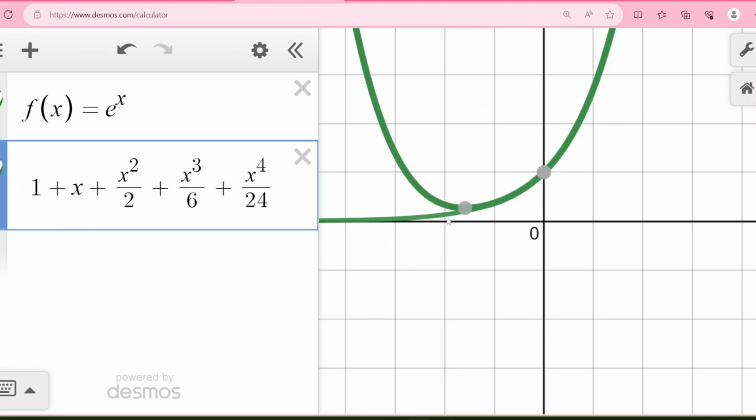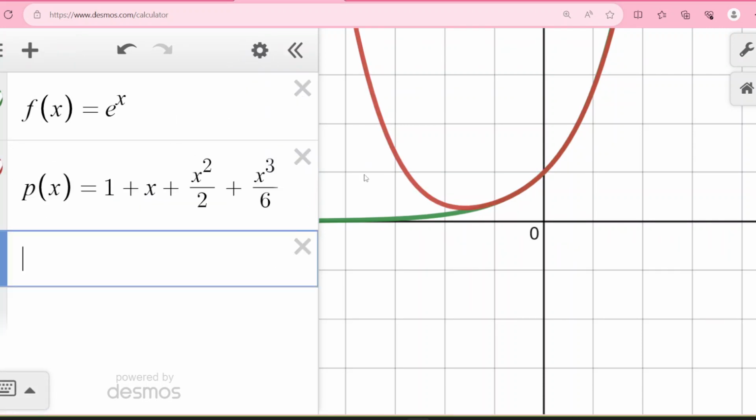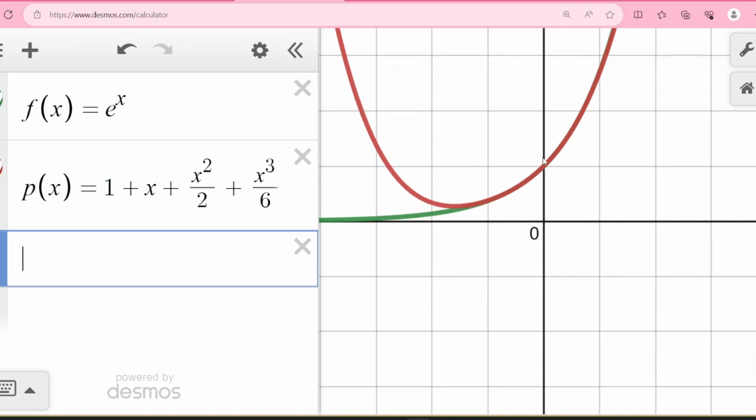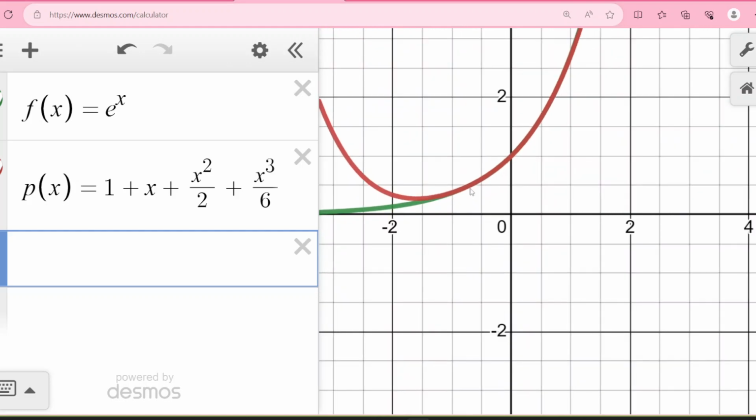I'll make this a different color, because it looks like it's blending. Yeah, you see this red graph, the polynomial is red. You see how near 0 the graph is very close to the green? It's basically on top of it. But then the further away from 0 you get, the worse it gets, the more it deviates from the e to the x function.